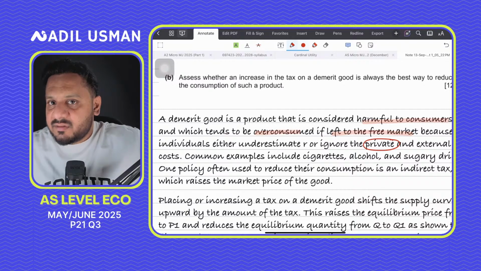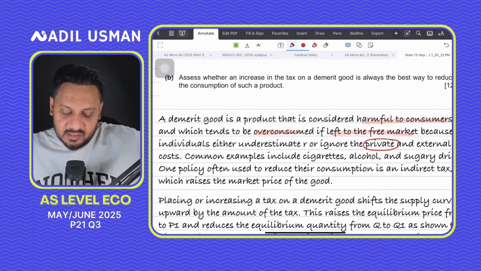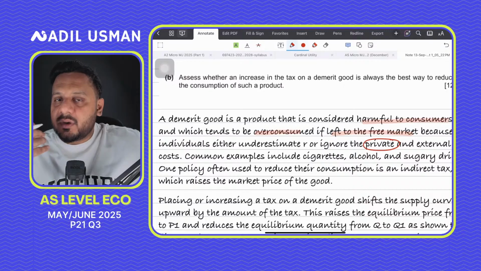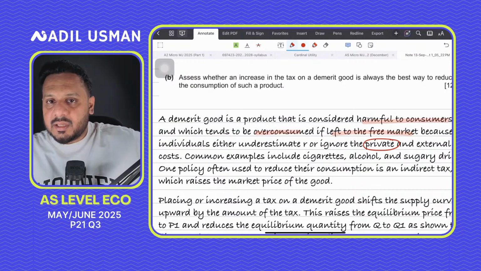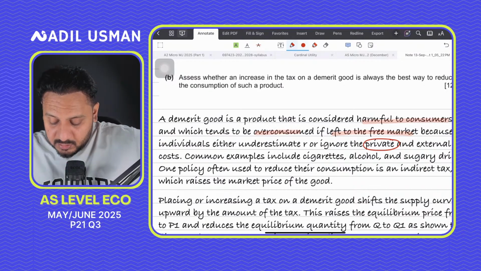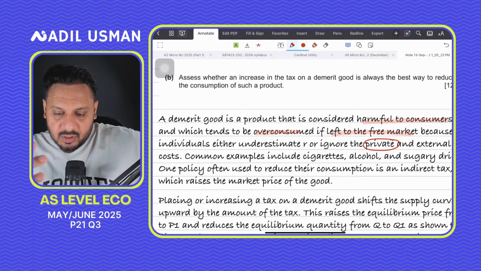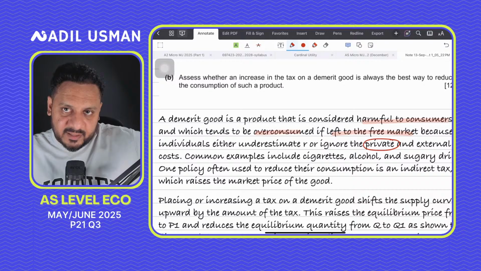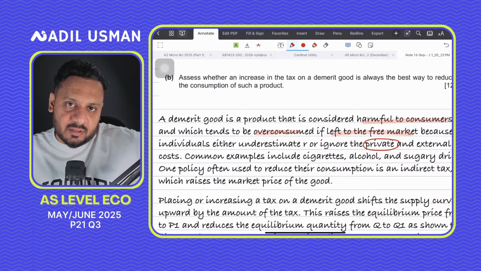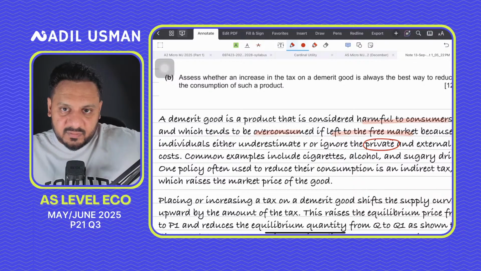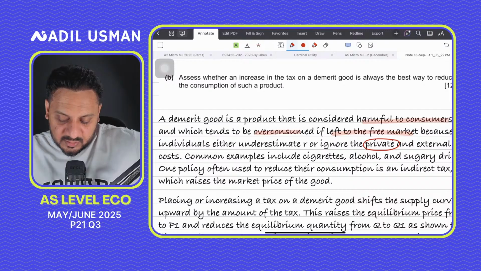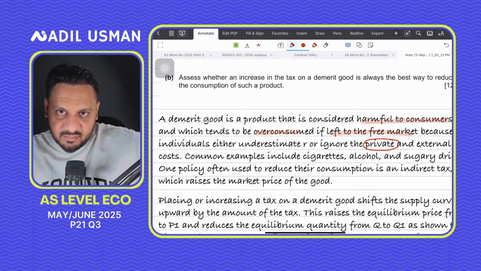They do that because of information failure, right? And external cost means what impact it could have on third parties, others around us, or society as a whole, right? When you talk about society as a whole, you're factoring in both the private and the external cost. But obviously, if you're underestimating or ignoring the private and the external cost, it will have a bad impact on society.